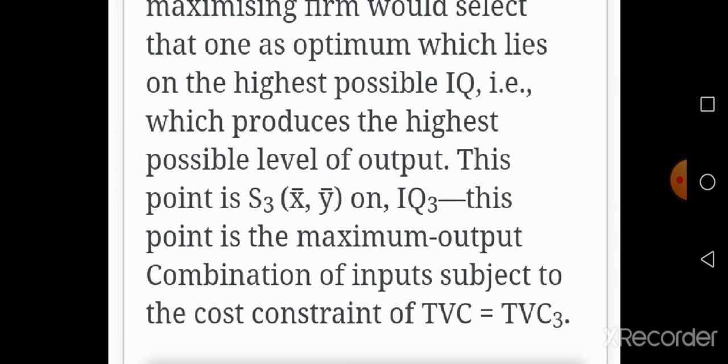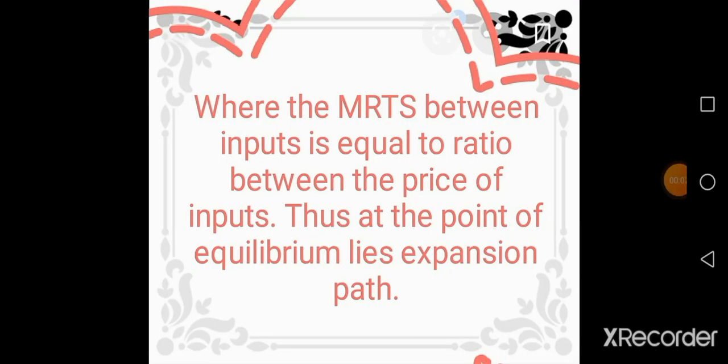This point is the maximum output combination of inputs subject to the cost constraint of total variable cost equal to TVC3. In this least cost combination on the graph, the marginal rate of technical substitution between inputs is equal to the ratio of the prices of inputs, thus the point of equilibrium lies on the expansion path.